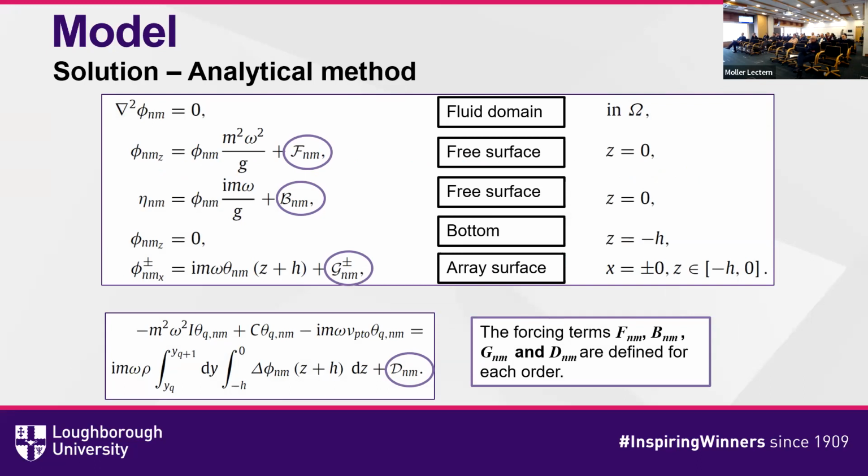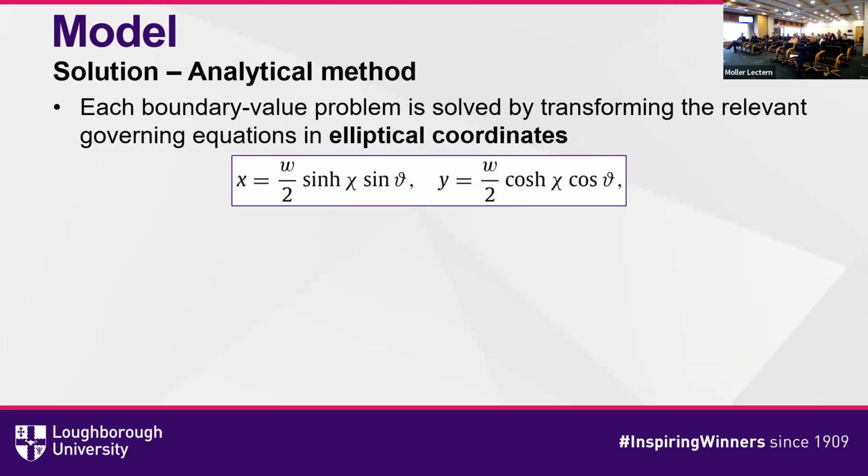At the different orders, these are forcing terms. For example, at the second order, these terms include the first order forcing on the second order solution at the different harmonics. We solve this for each harmonic and at each order using this analytical method.